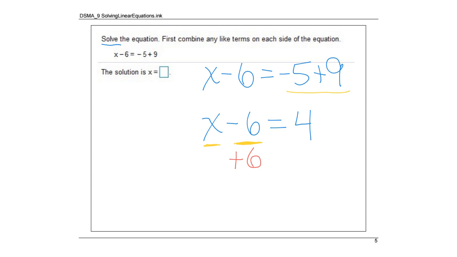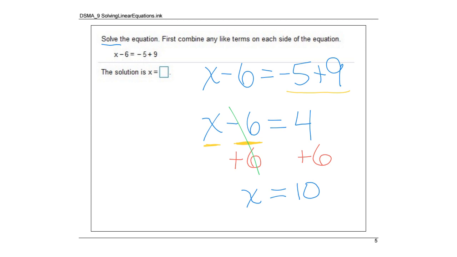Because if I take a -6 plus a +6, I get 0. But with equations, if I add 6 on the left-hand side, I have to also add 6 on the right-hand side. Okay, it's very important to keep that balanced. So over here, I get 0 when I add -6 plus +6, and so I only have an x left. On this side, 4 plus 6 gives me 10.